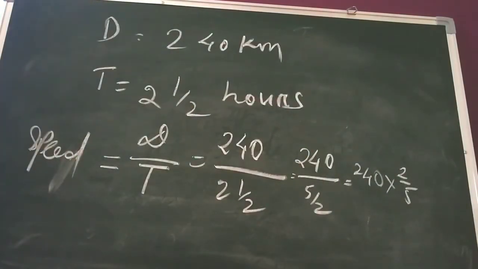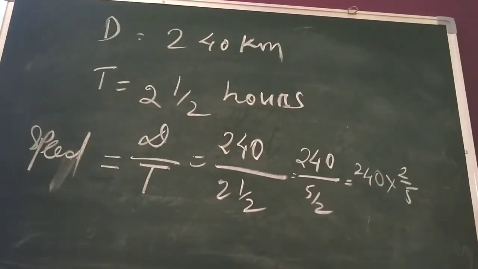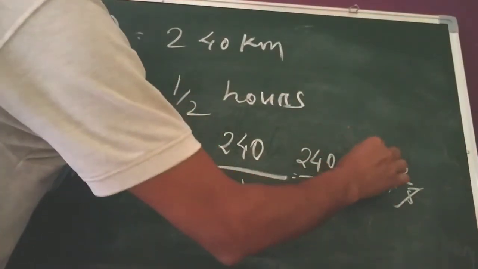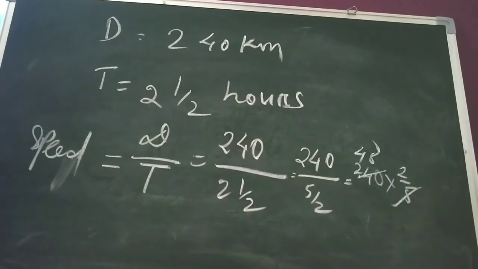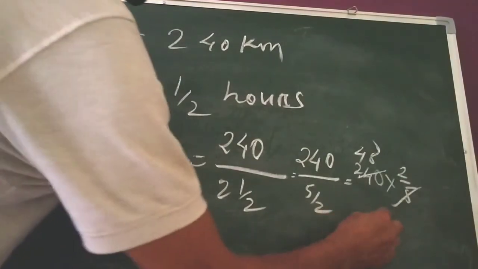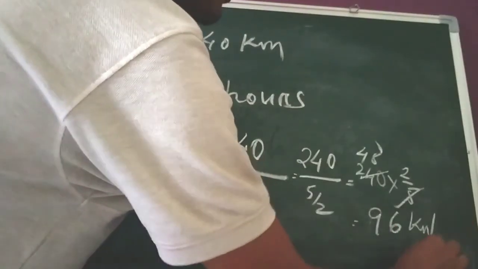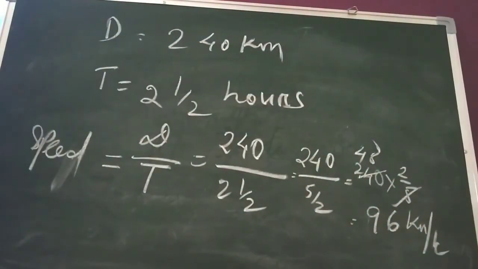Now you calculate this, and you will get the speed of the train. 5 1s are 5, 5 4s are 20, 5 8s are 40. So your answer will be 96 kilometers per hour. This is the speed of the train. The train runs at the speed of 96 kilometers per hour.